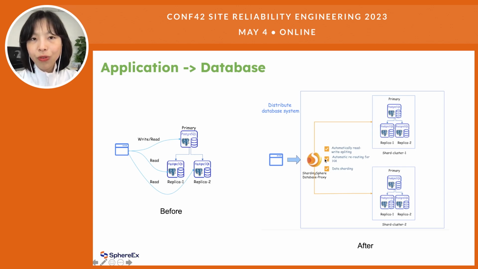It can do rewrite, splitting, and traffic governance strategy. That means it's like a database gateway. You just send your queries to ShardingSphere, and ShardingSphere will decide whether this query goes to one shard or to the replica. So ShardingSphere can help you do data sharding and read-write splitting. And also, if one of your Postgres crashed, it can be aware of that status and update itself.